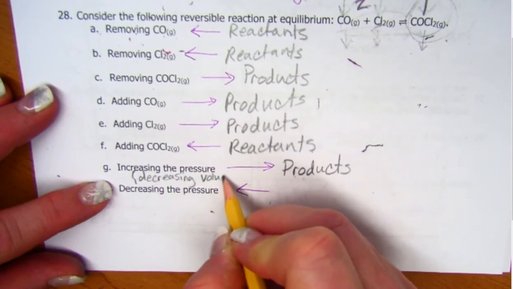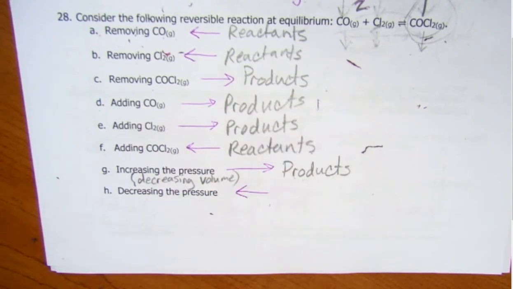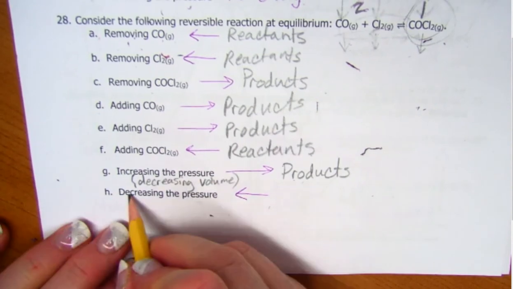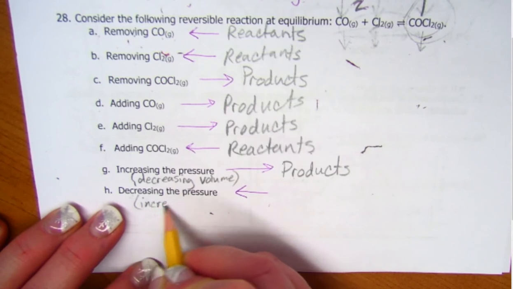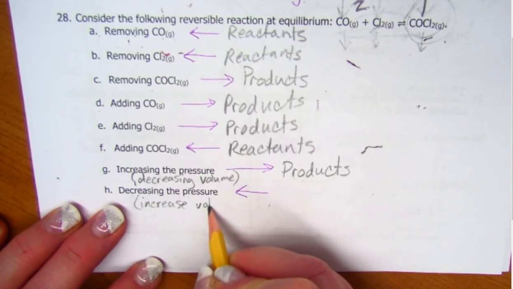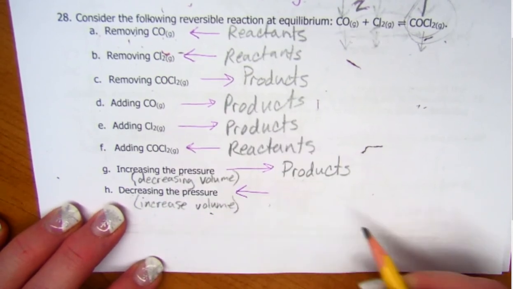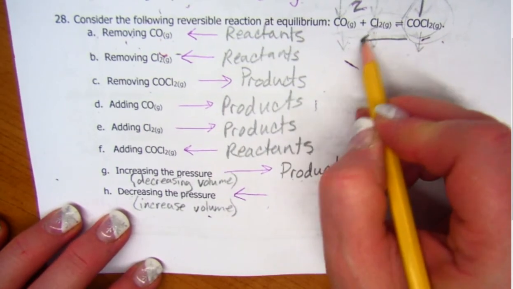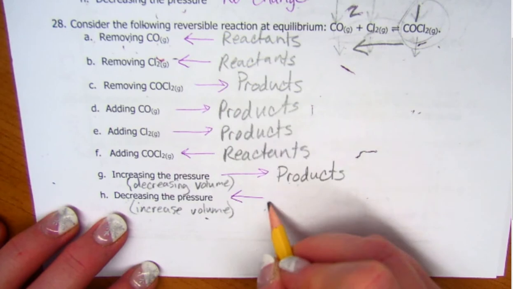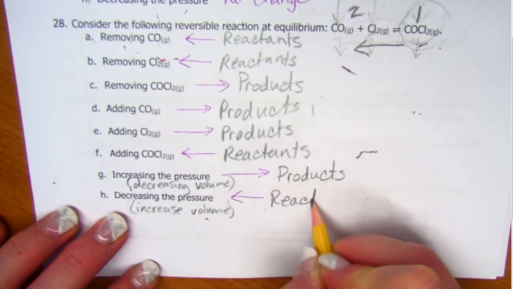Volume. Because if I decrease the volume, I increase the pressure. Here, instead of saying decrease the pressure, she could say increase the volume. Right? If I decrease the pressure or increase the volume, I'm going to go to the side that has the most moles, which happens to be my reactants.